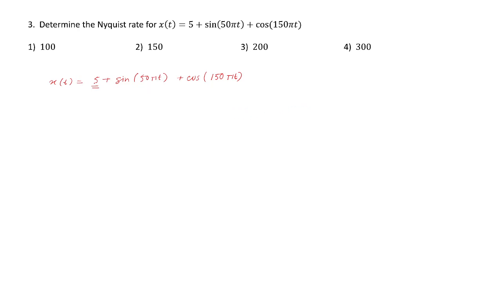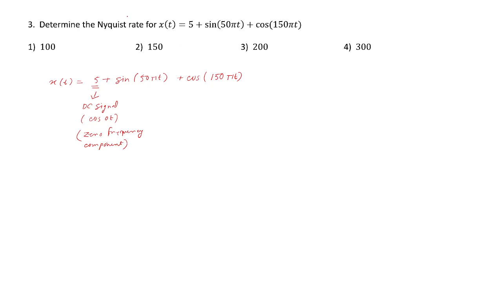Let me tell you, this is a constant, which means it has zero frequency. In other terms, you can also call it a DC signal. You can also write it as cos 0t. Basically, it has a zero frequency component.